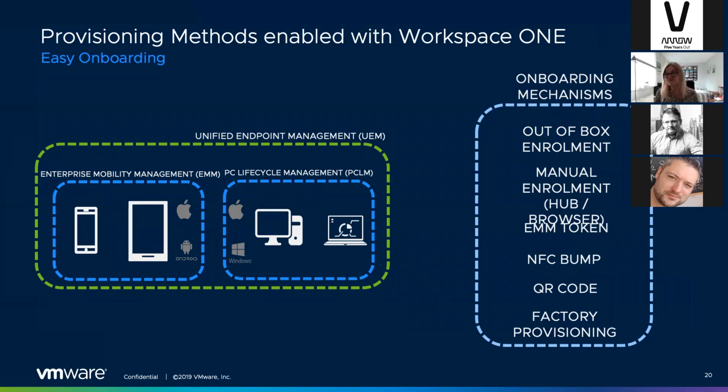You can have a token or an NFC bump, or you can use factory provisioning or a QR code. You can even email a link to people. So there are so many different ways of onboarding. Just find yourself the one that fits your company, and look at how to roll that out to your users.